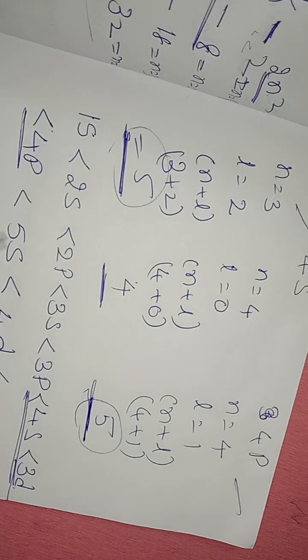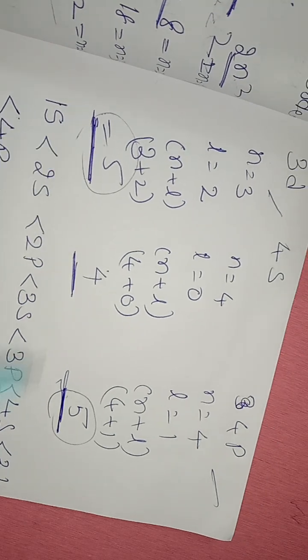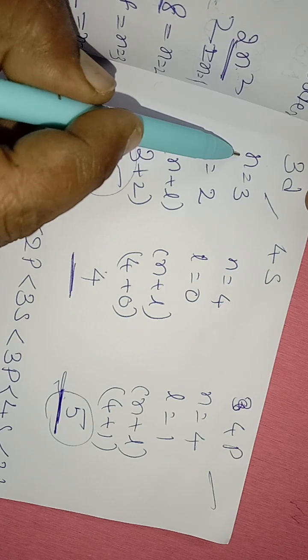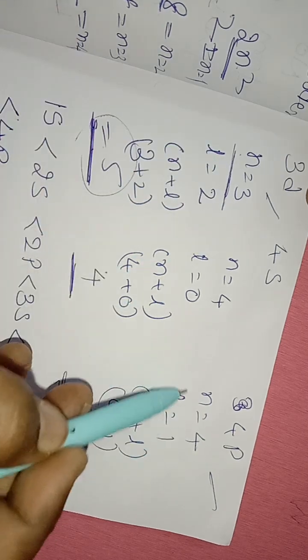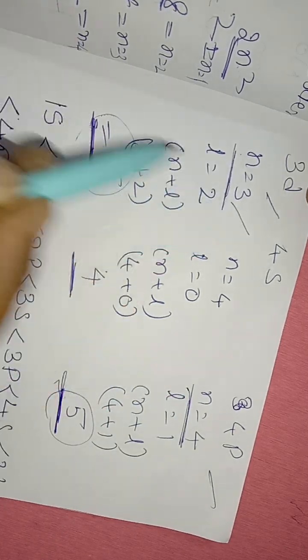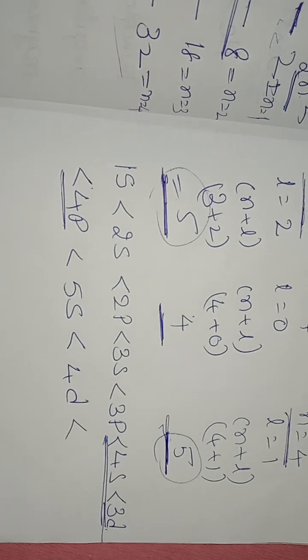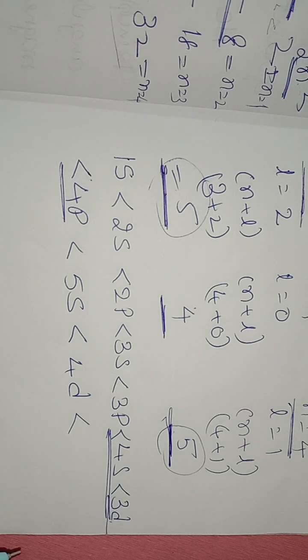This is the reason why. Even though they have the same energy levels, electrons are assigned to the subshells with lower n value. Here the n value is less, here the n value is more. So the electron comes into 3d, right? That is our Aufbau principle. So these are our ascending order of the energy levels of the orbitals. Okay.